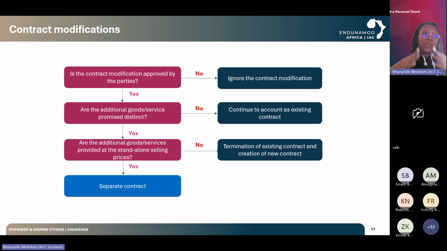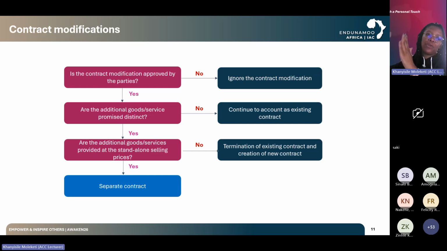So terminating the existing contract means whatever's happened has happened. I keep that revenue. And then whatever is undelivered, the undelivered portion, plus the additional goods, I bring together, because it's not reasonable that these 5 would be at such a significant discount.